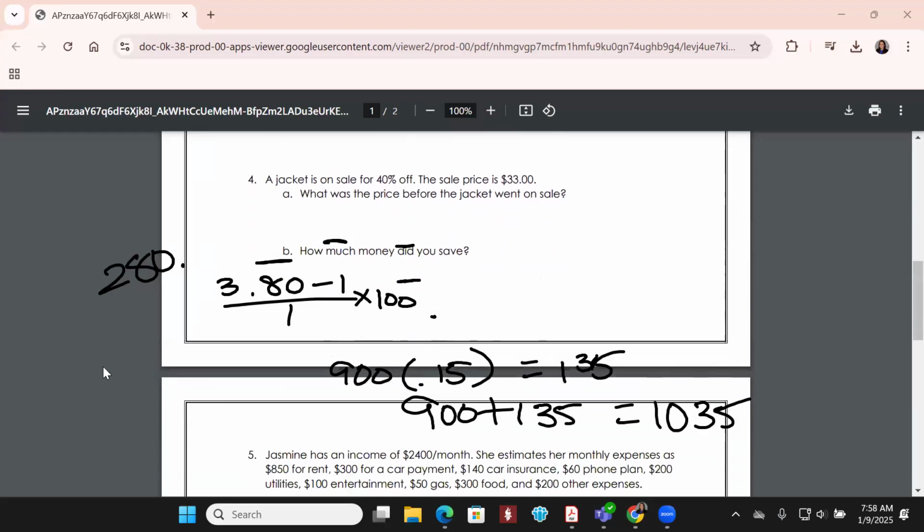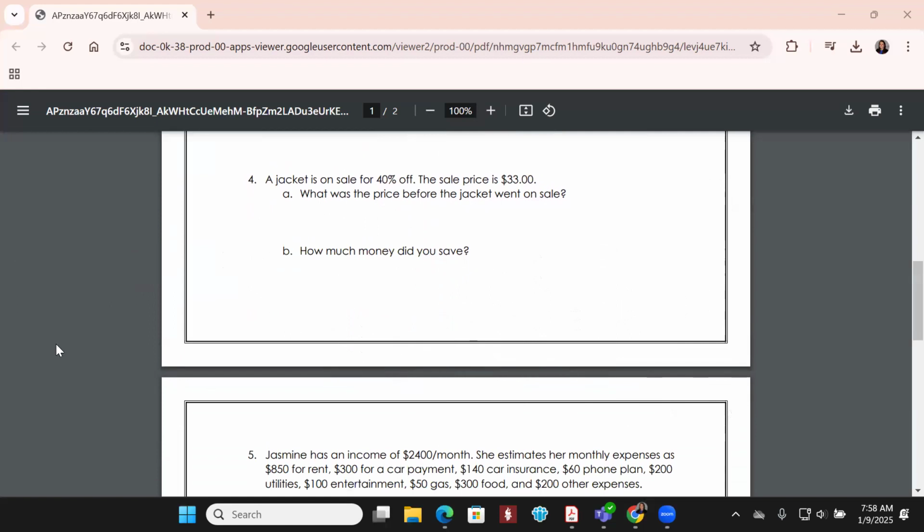A jacket is on sale for 40% off. The sale price is $33. What was the price before it went on sale? 46.2. How'd you get that? Multiply the sale price right now by the percent off, and you get 46.2. 13.20.